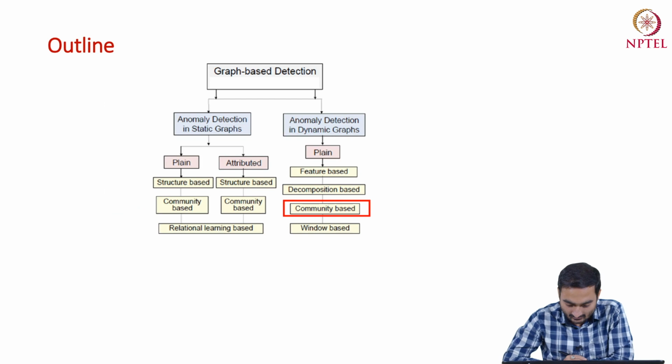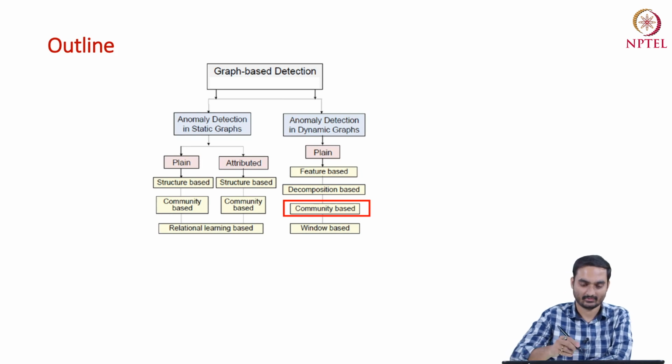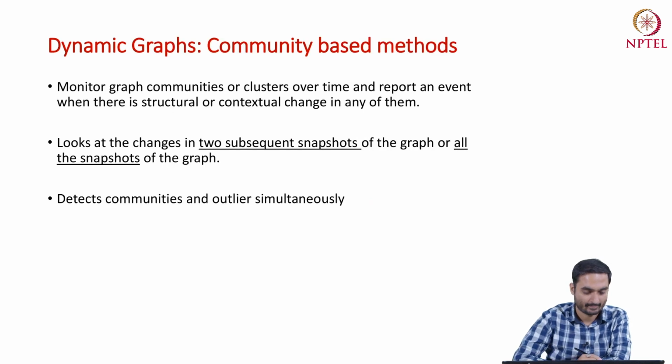Okay. So let's now spend some time on another type of algorithm which detects anomalous entities based on the community structure. Dynamic graphs, community based methods.